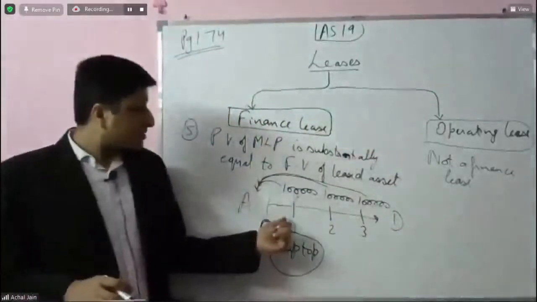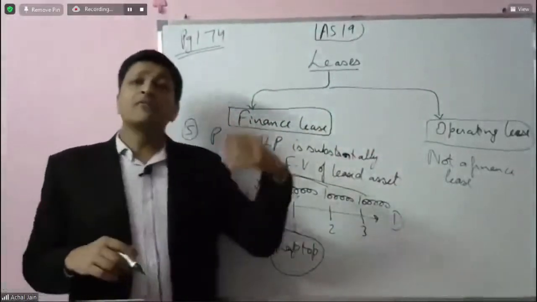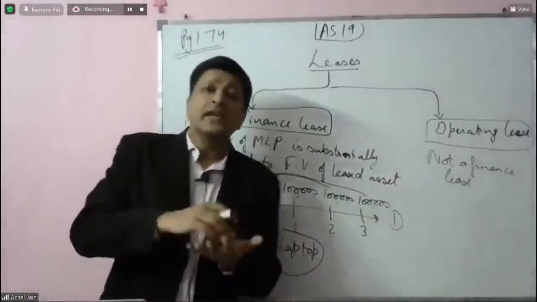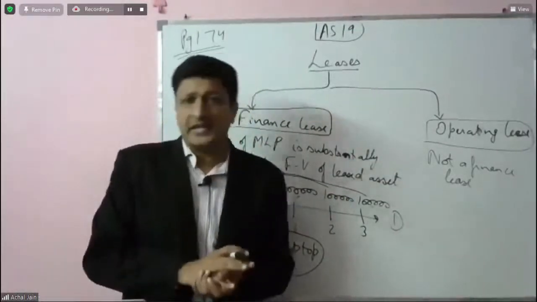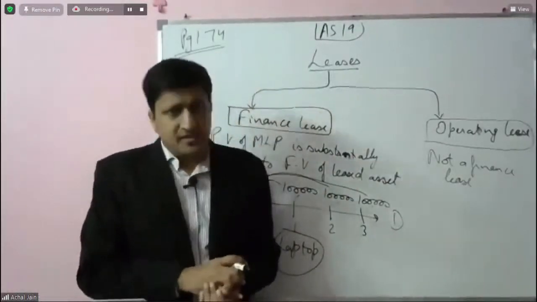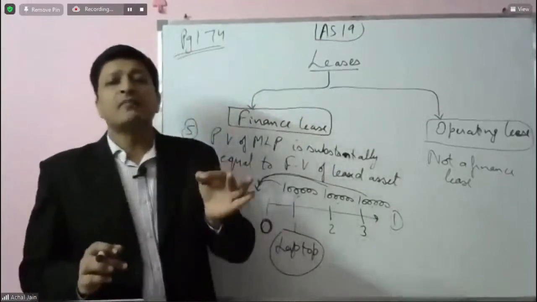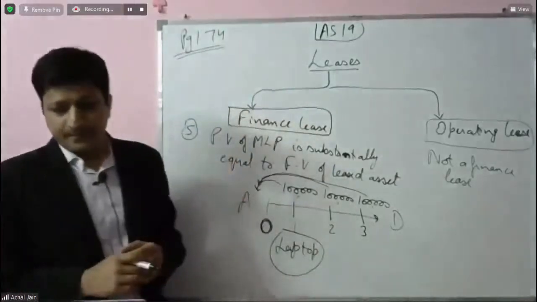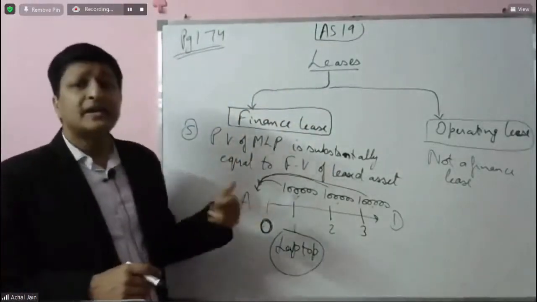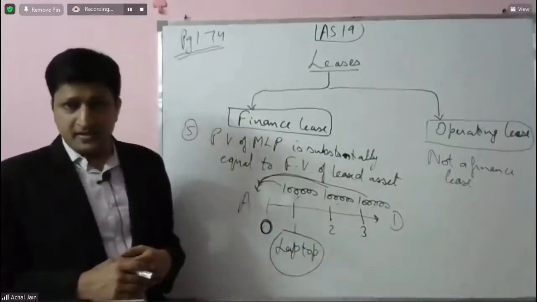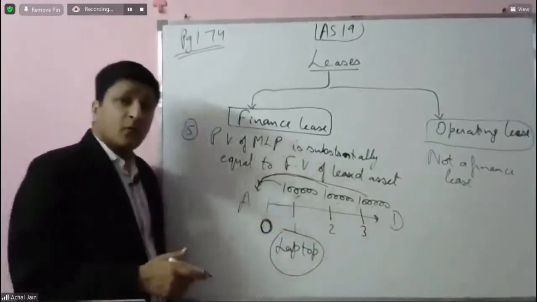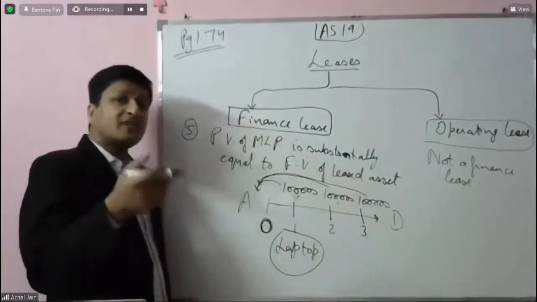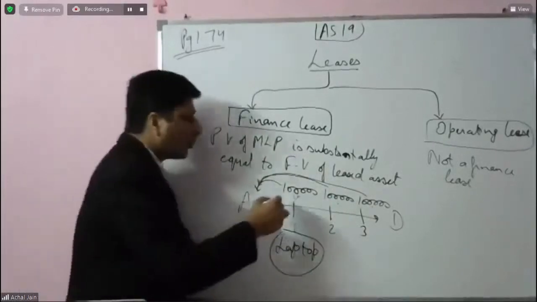Why? Because over a period of 1 year, time value of money would have been built up in that. So if we have built up time value of money in this case, what would be its present value? Its present value will definitely be lower than this.